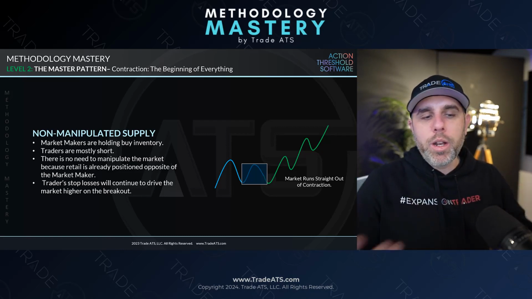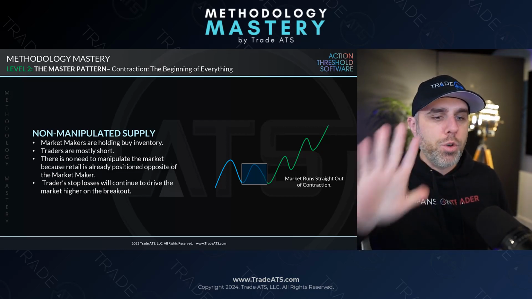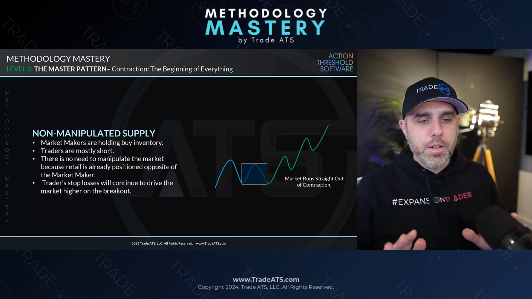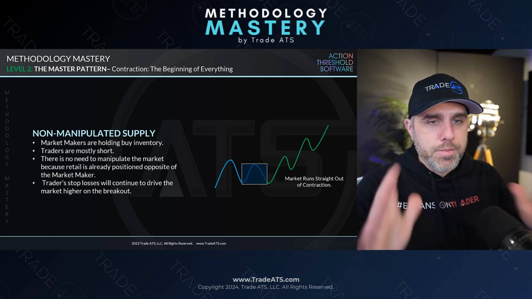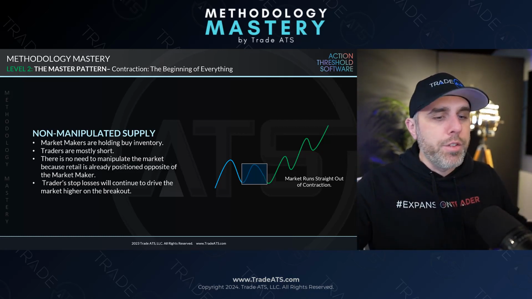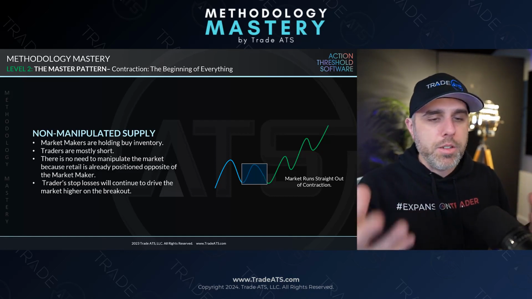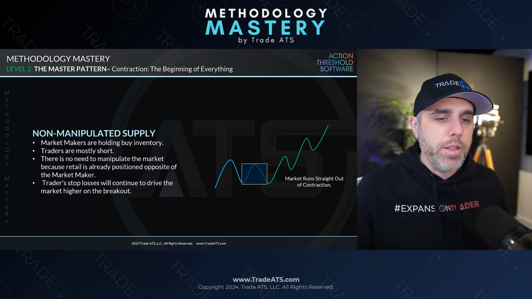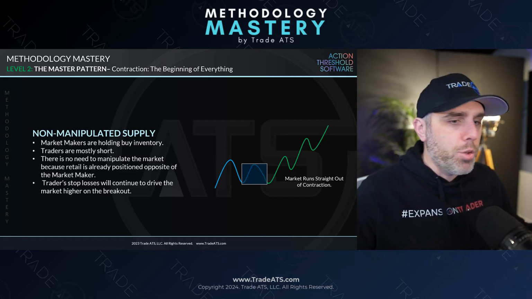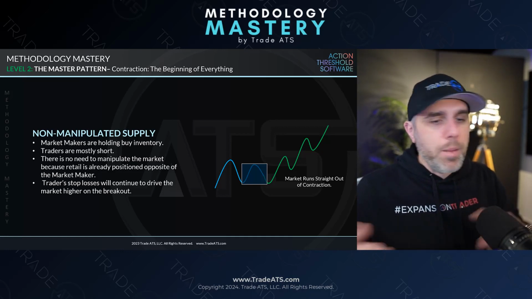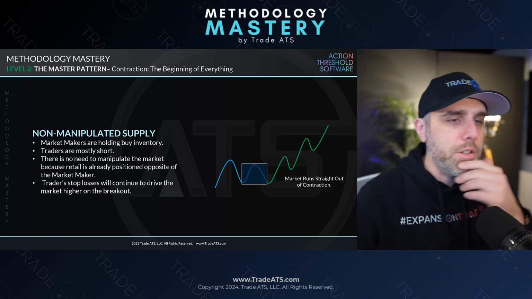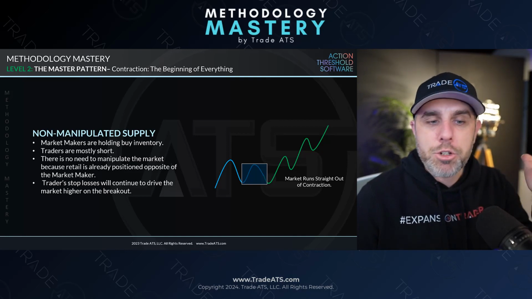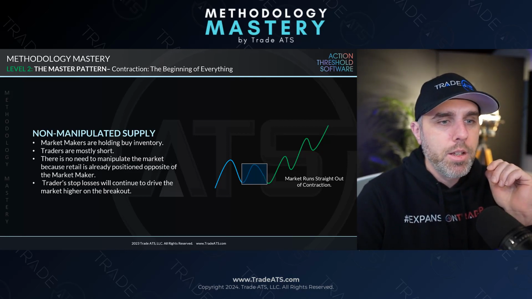We're just trying to deal with what is happening, and we're putting that story together as it plays out. I just want to make sure, because this can get kind of confusing as you think of all the different possibilities of how they can work within these different sources of liquidity, whether it be new trades, stop losses, all those things. So just keep in mind, the master pattern simplifies this whole thing.